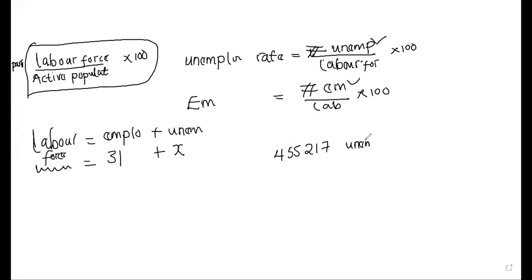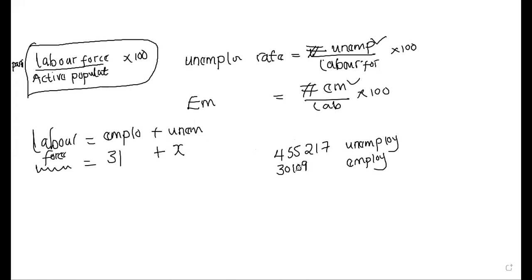Then the number of people that are employed, those who have jobs, how many are they? 3010309.